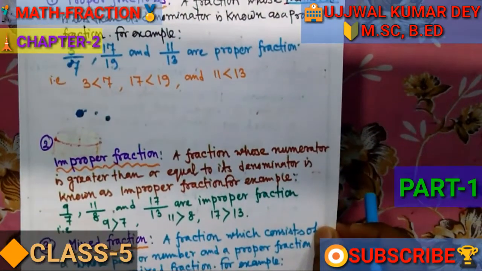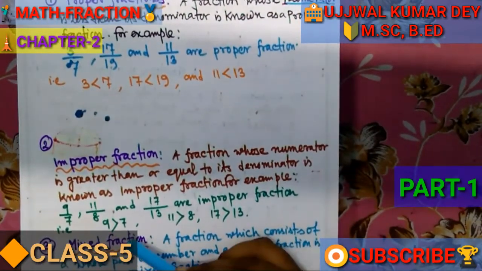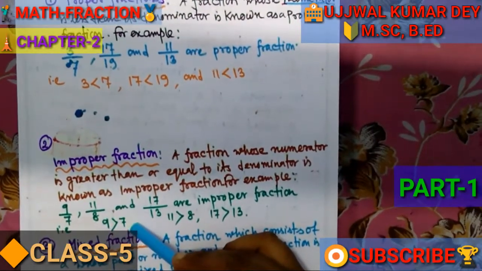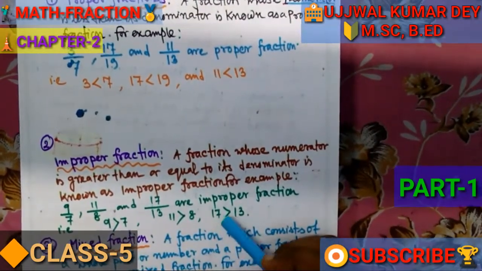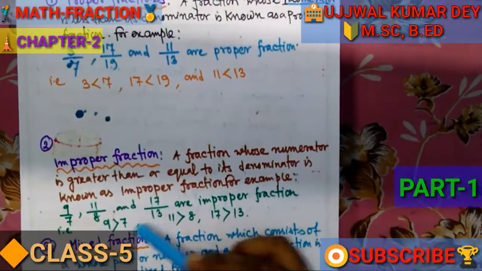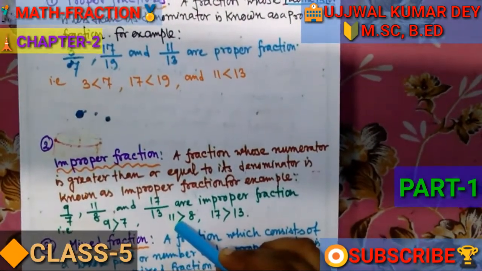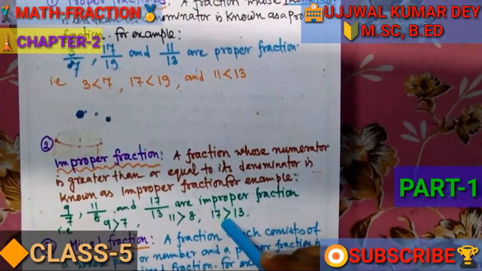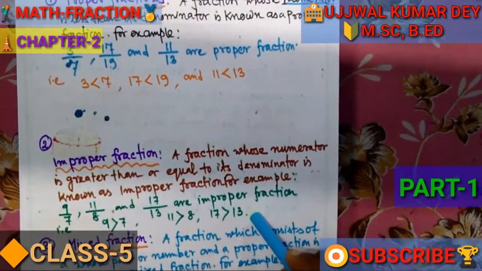So in an improper fraction, the numerator is always greater than or equal to the denominator. That means 9 is greater than 7, here 11 is greater than 8 and 17 is greater than 13.